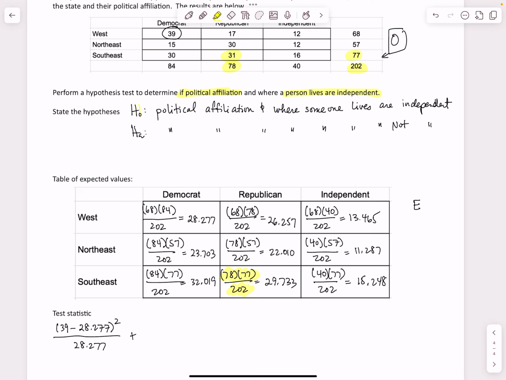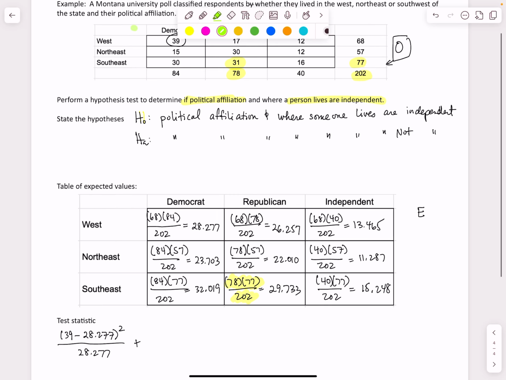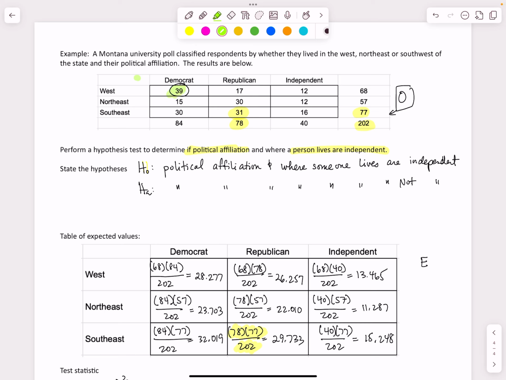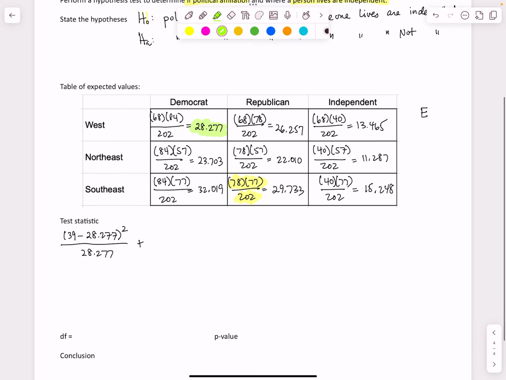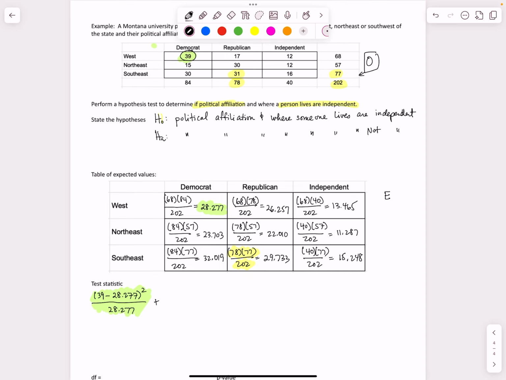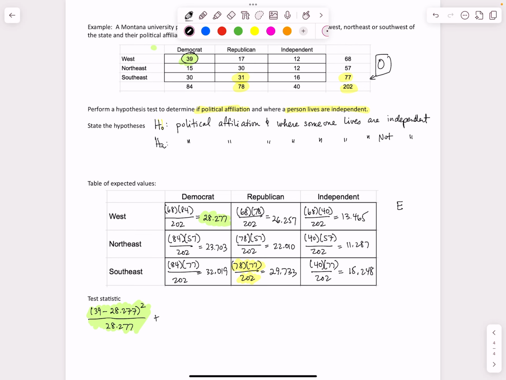So really quick as a highlight, let's do green. I needed to take, for the first box, there's the observed, there's the expected, and I got this one right here, and divided by the expected. So I take the difference, square it, and divide by the expected. And now I've got to do this for all 9 boxes.